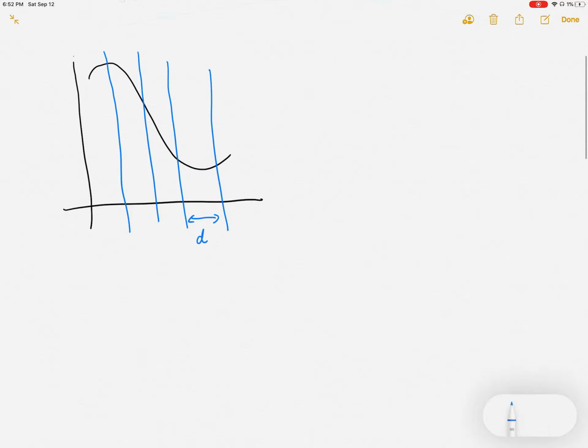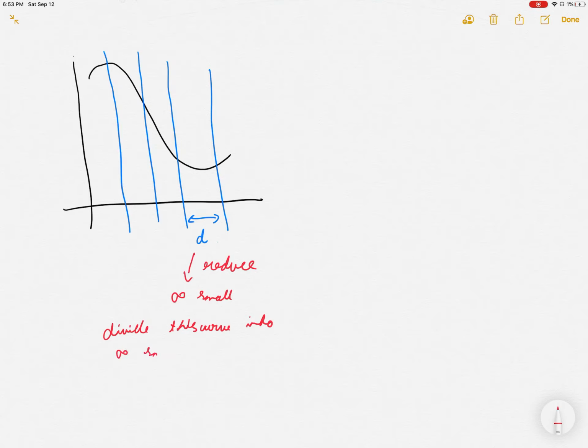Now, what if I reduce this width? I am sorry for my bad handwriting. So I reduce this width such that it becomes infinitely small. What I mean to say is, what if I divide this curve into infinitely small parts?